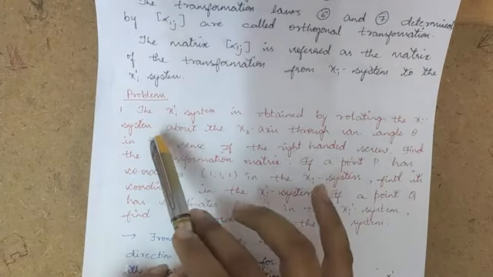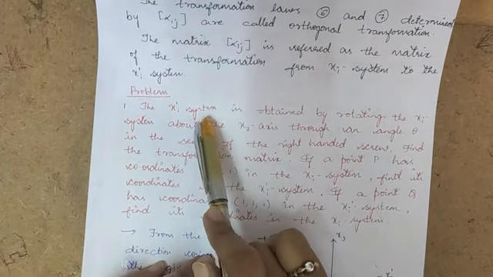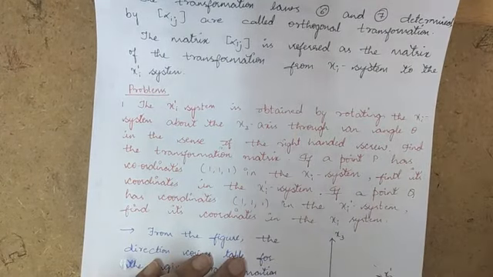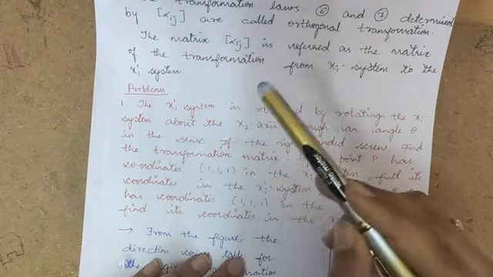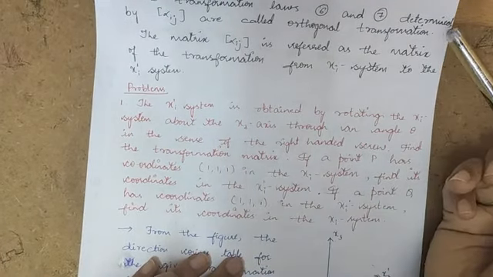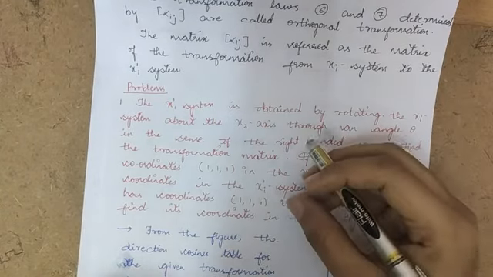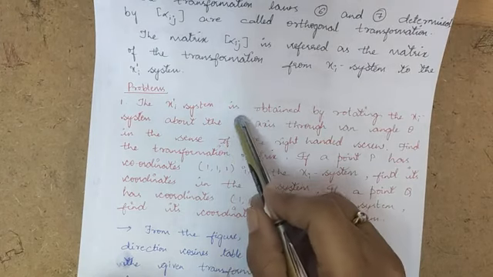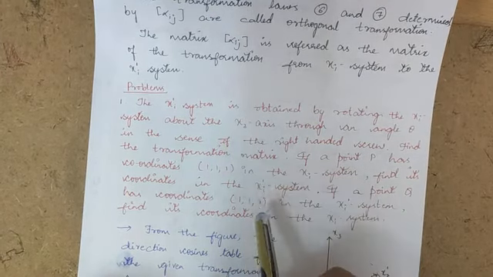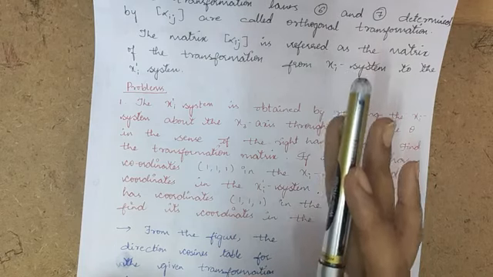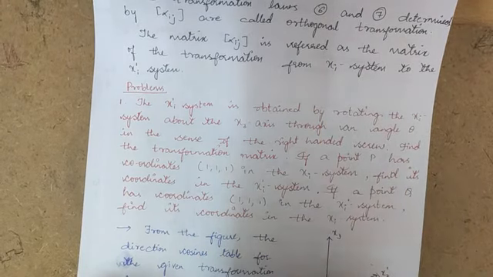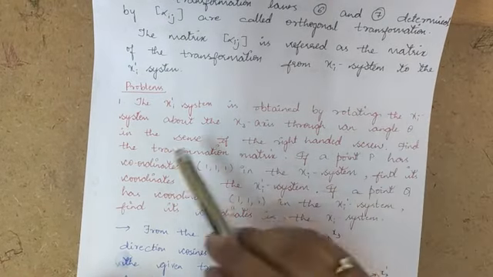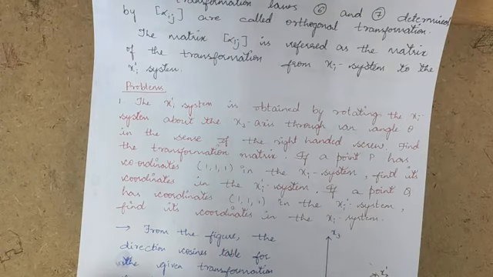The problem statement is like this: the xi prime system is obtained by rotating the xi system. We are rotating our old system in order to get our new system about the x3 axis. That means along the x3 axis we are rotating our old system to get a new system through an angle theta in the sense of the right-handed screw.